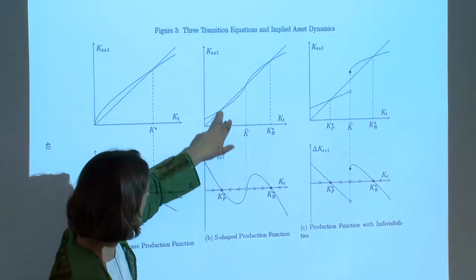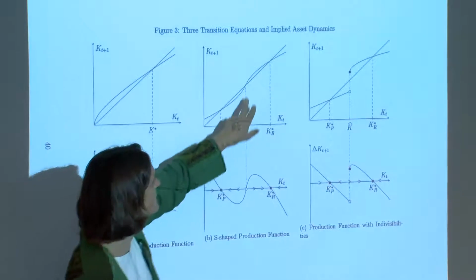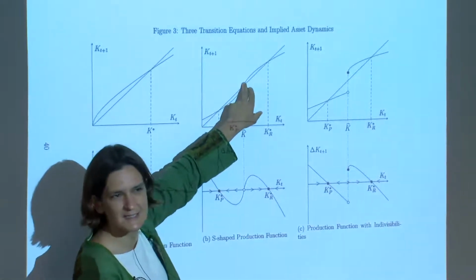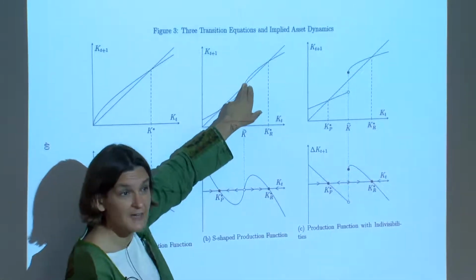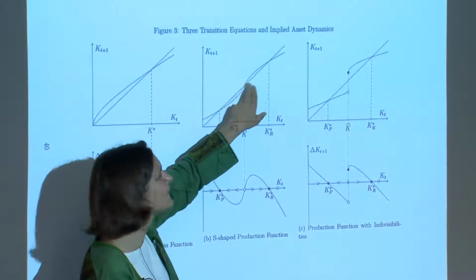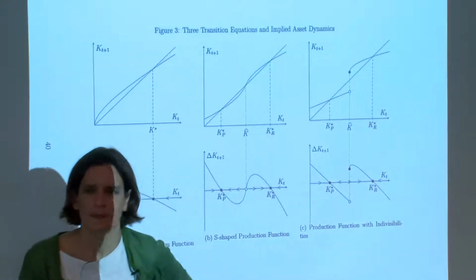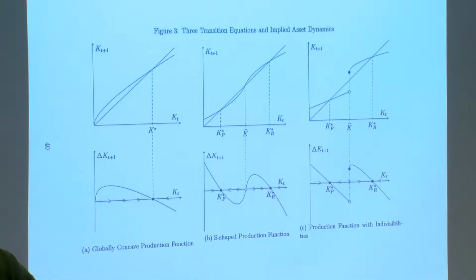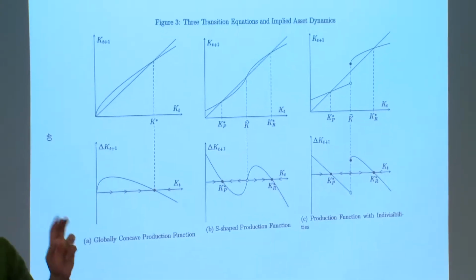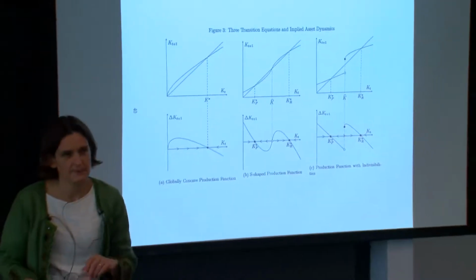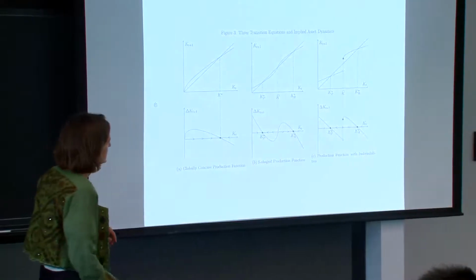So there is a low steady state, a middle steady state that's unstable, unless you start exactly here, you're going to move from it, and a high steady state. And this possibility of multiple steady states is what people loosely call poverty traps, a situation of poverty traps.